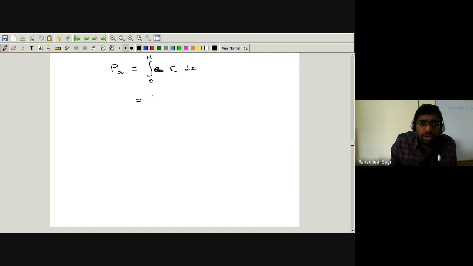Now if I go on to substitute into this expression, what is this sigma A dash? If I recall from my previous expression, I can write it as K into sigma V dash minus 2c dash into under root Ka, this complete into dz.